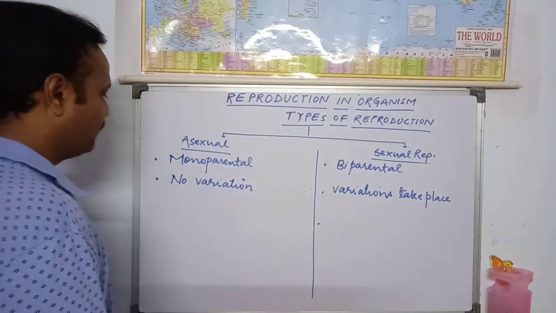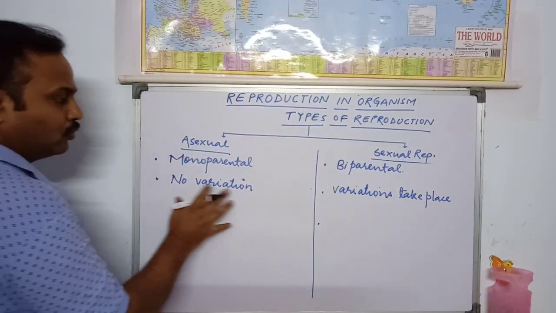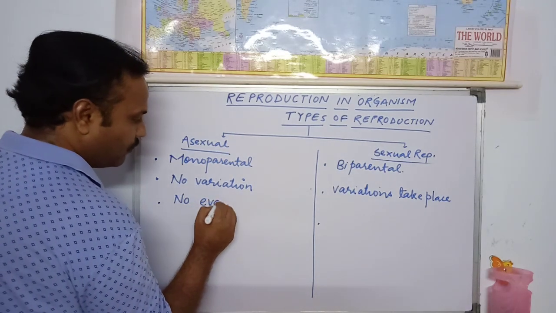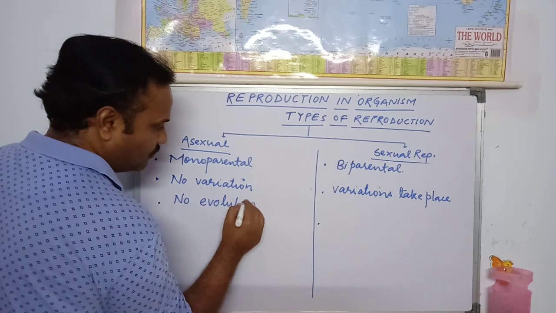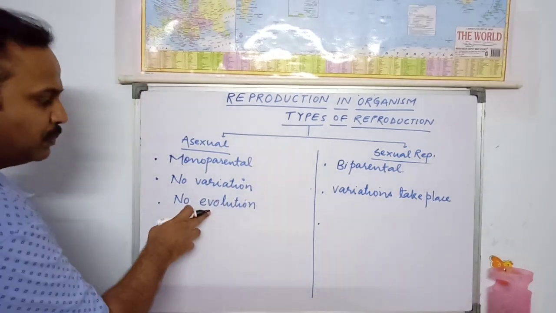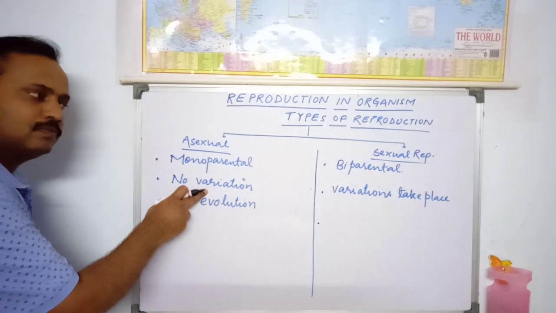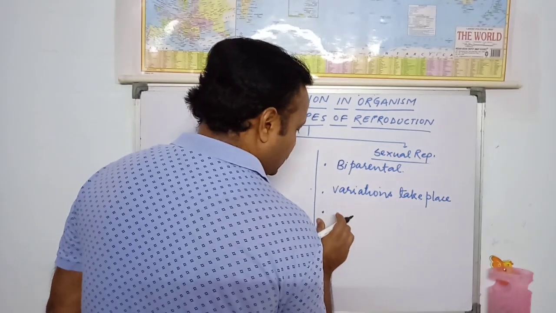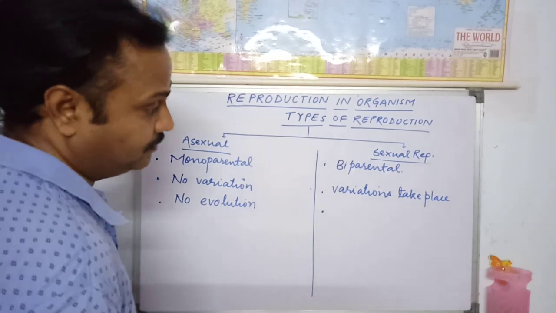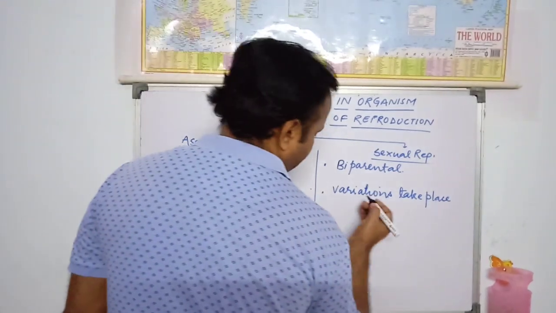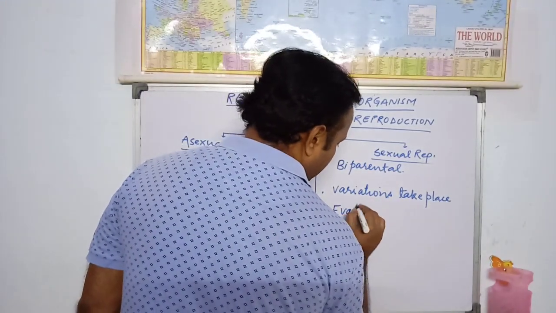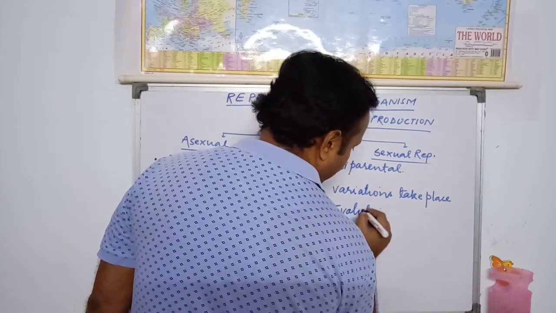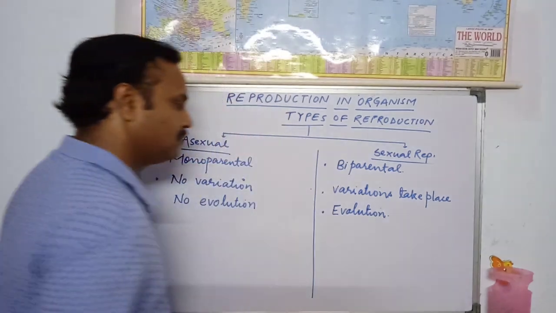No variation, that means no evolution. As we know, the basis of evolution is variation. So here no variation, so no evolution, while in sexual reproduction variations take place, definitely they will show evolution, right?